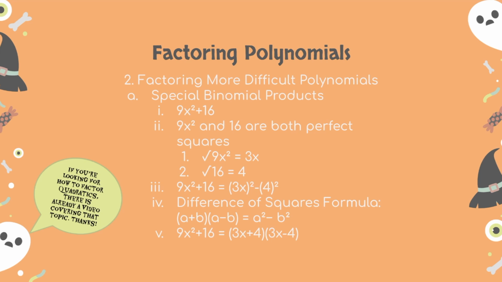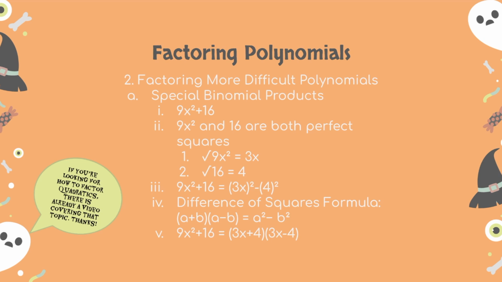When the polynomial we are factoring does not have a common factor, we can use special binomial products to solve. Let's take 9x squared minus 16 for example. As you might have noticed, 9x squared and 16 are perfect squares, so you can take the square root of both of these terms. This will equal 3x and 4.